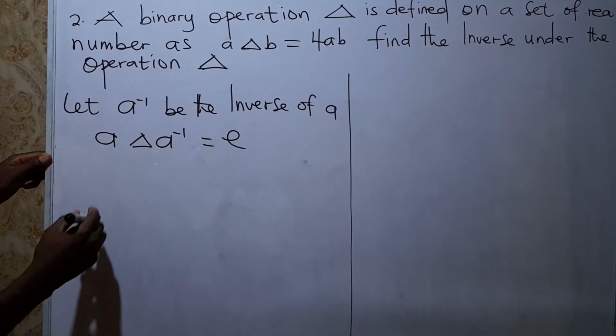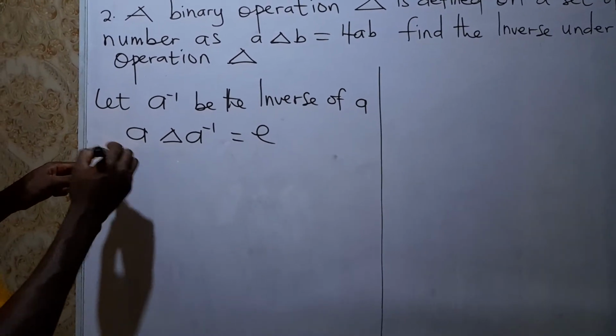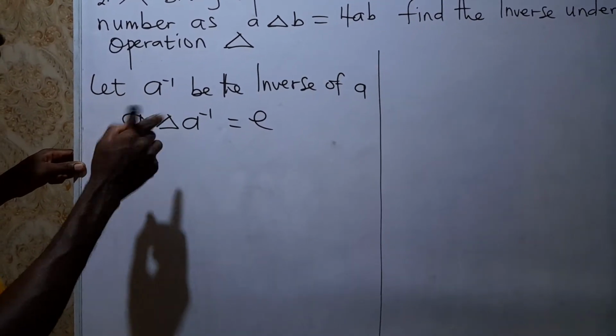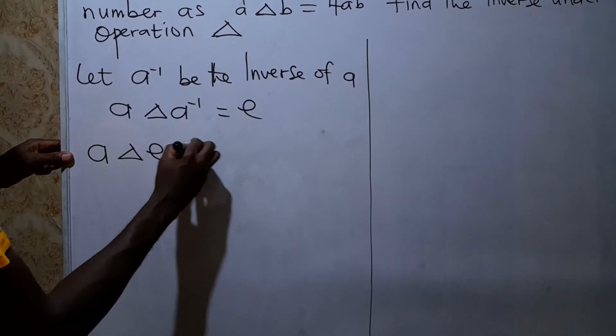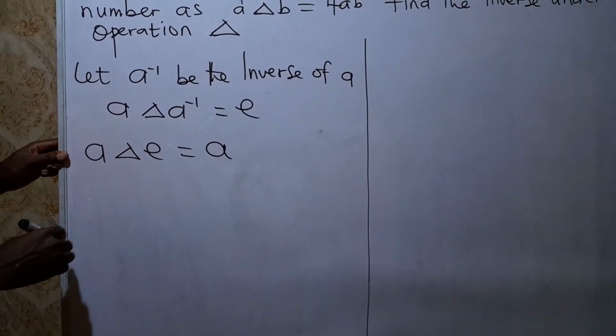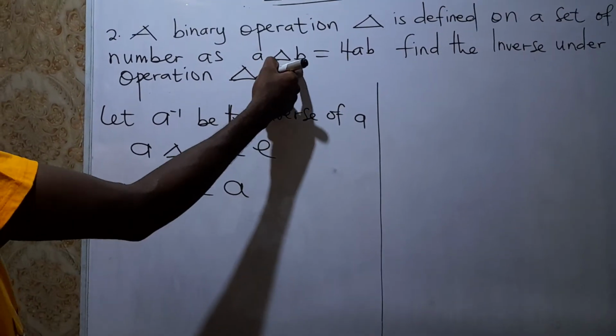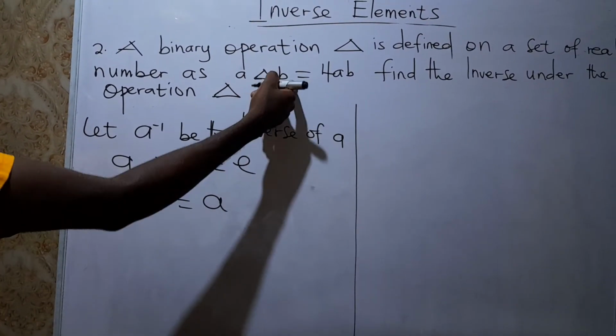And how do we find the identity element? So we said the identity element is the element that, when it is combined with any element, gives that element. So we can say A delta E will give us A. A delta E simply means we substitute E in place of B there.